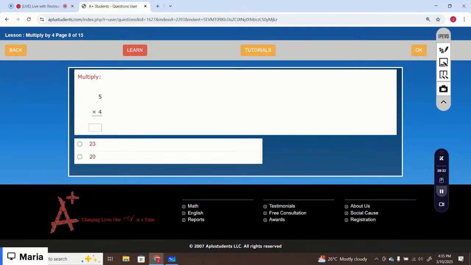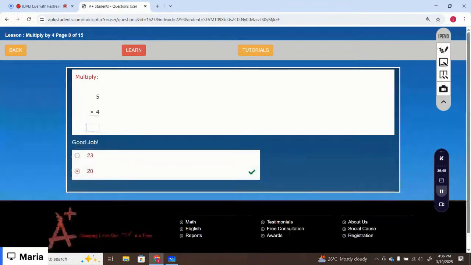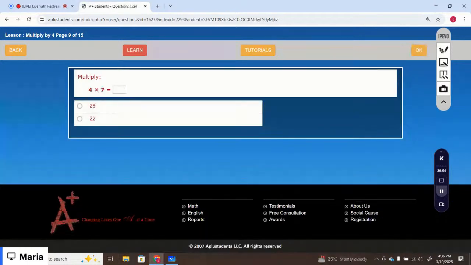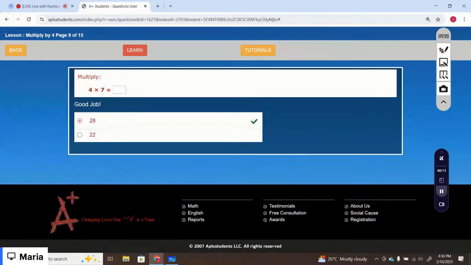5 times 4 equals 20. Option number 2 is the correct option. 4 times 10 equals 40.